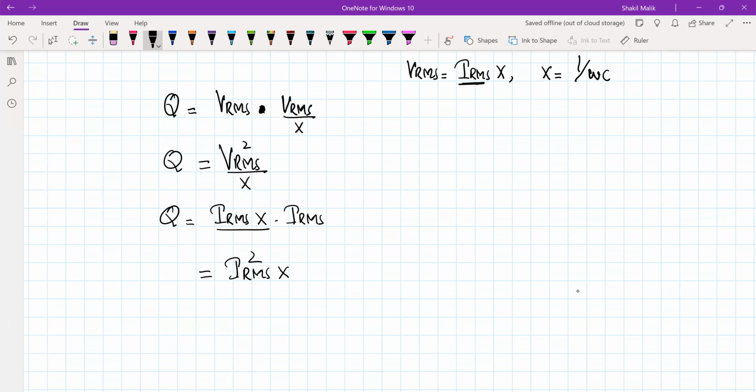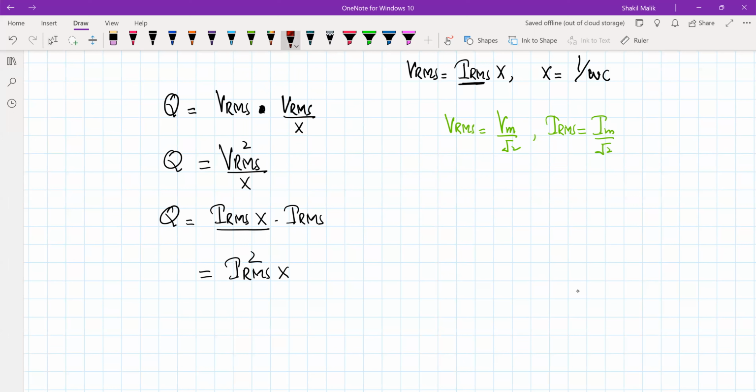All right. If we use the peak values of the quantities, Vrms is simply Vm divided by root 2 and Irms is simply Im divided by root 2, the RMS value in terms of peak values.